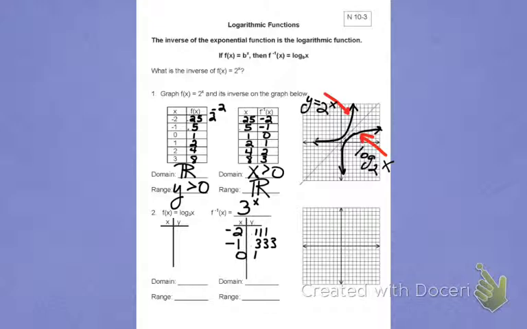Anything to the 0th power is 1. 3 to the first is 3. And 3 squared is 9. Now our reverse points for the log function.